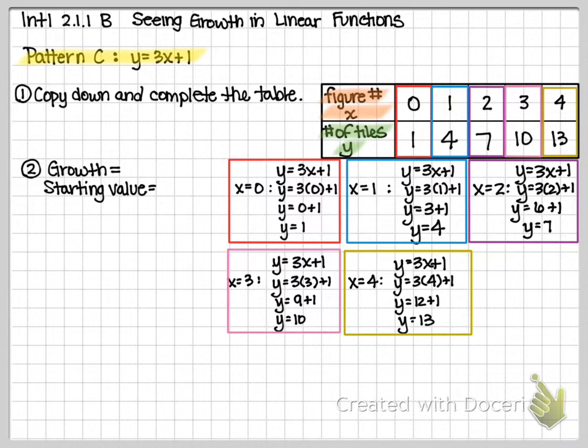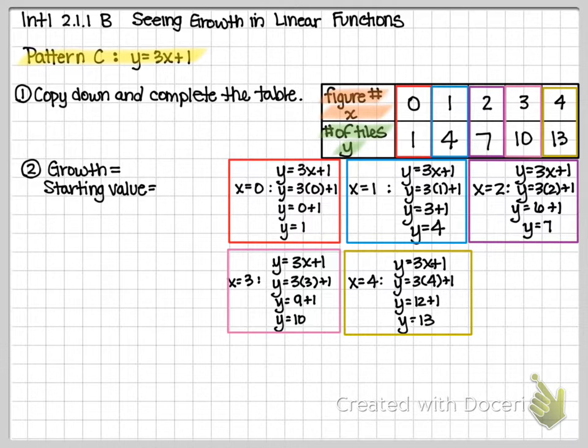From figure to figure. So if we take a look at this, and I look just specifically at the table, I want to make sure that I'm not just looking at the y's, I want to make sure I'm looking at the x's also. It will be the case here in the beginning, but they do get a little bit more complicated as we go. So we're going to do a quick check on the x's.